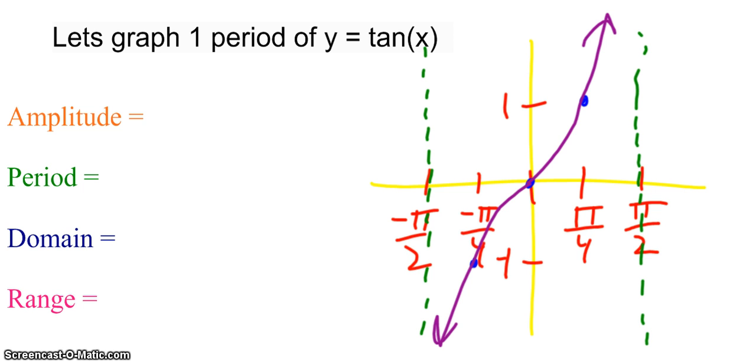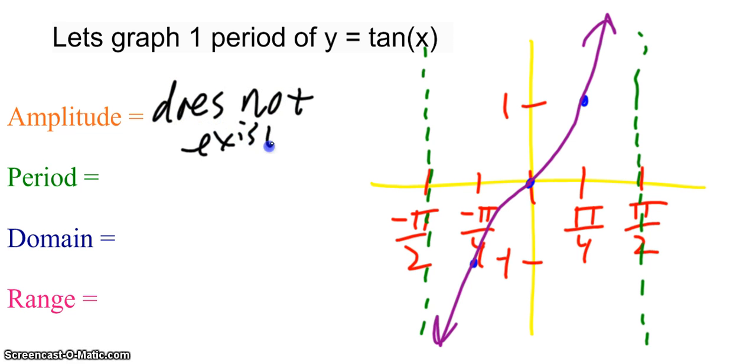So what is the amplitude? Trick question. None. Or maybe a better way to write that would be does not exist. Why does it not exist? What is our definition of amplitude? Great question. The definition of amplitude is half the distance of the range.